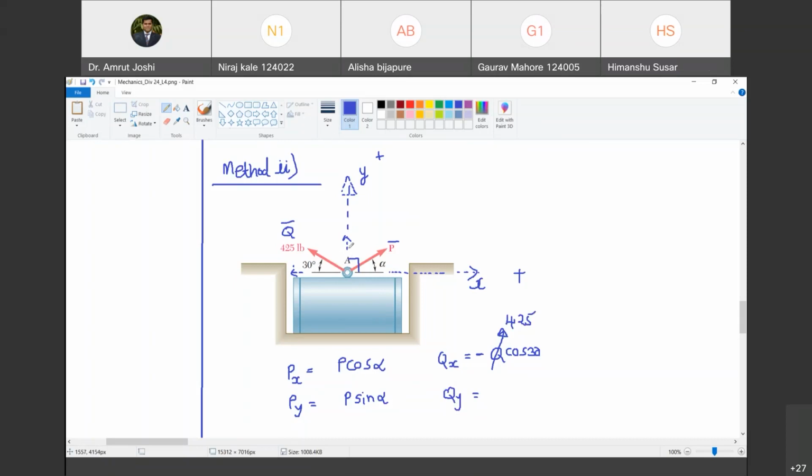So along y we need the upward component, only then can their addition 425 lie in this quadrant. Do you agree with me? And what is the component? It will be 425 sin 30. Happy? So we have written down the rectangular components of both the forces.